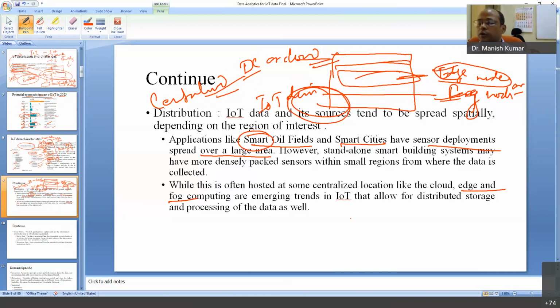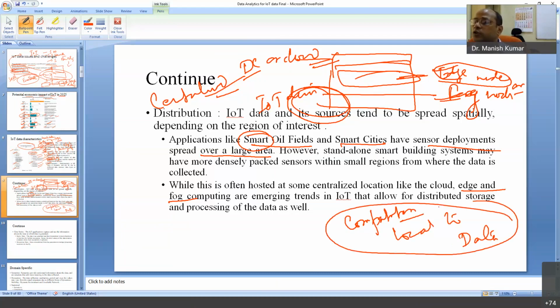What we want is to have computation local to the data. Okay. So these two, edge and fog, are talking about this: that we want some sort of analysis where the data is.